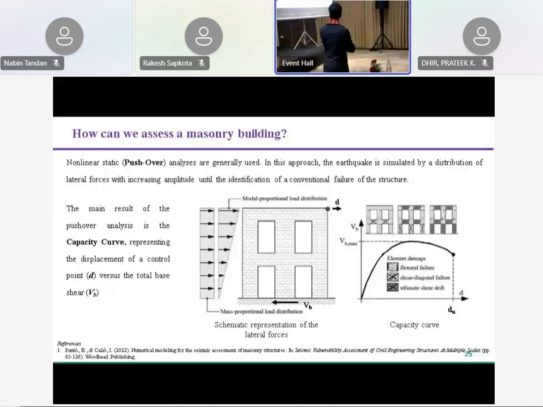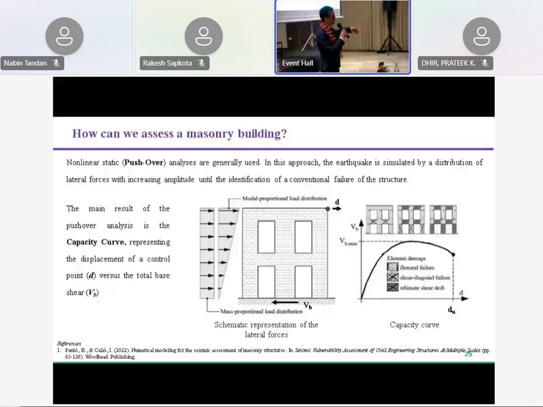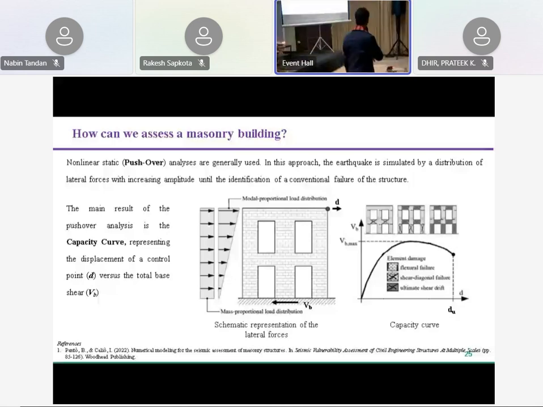And what does this kind of analysis consist of? Basically, the earthquake is replaced with a distribution of lateral forces. We can consider a different shape of load. Here is represented one proportional to the mass, and one proportional to the mass and the height, but this is not the key aspect. The key aspect is that the earthquake is simplified as horizontal forces, and the main information we get is reported on the right part of the slide.